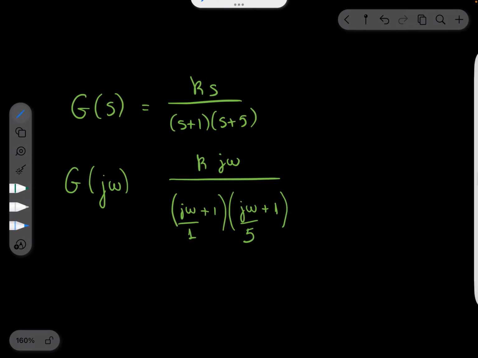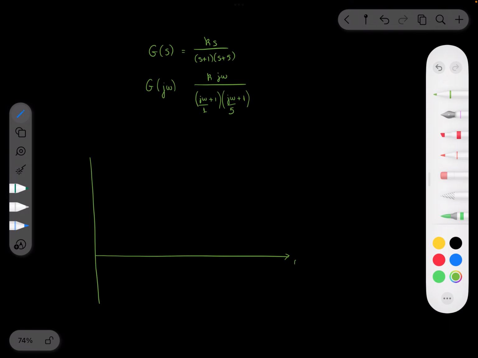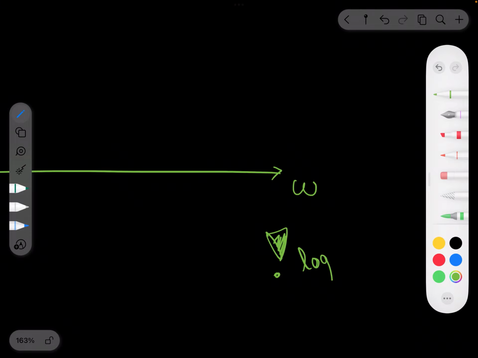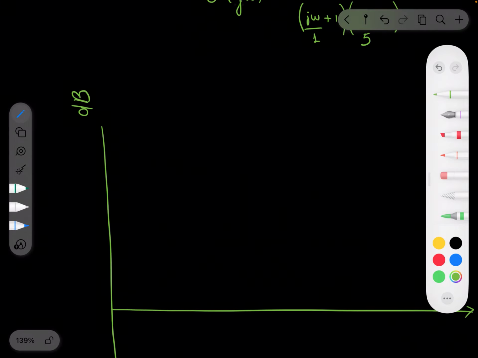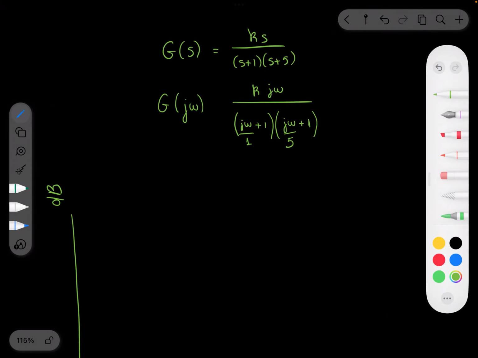Okay, so we said the magnitude plot looks like this, where this is the angular frequency in logarithmic scale, and here in decibels is your magnitude, normal scale. Okay, so what are we going to plot first?